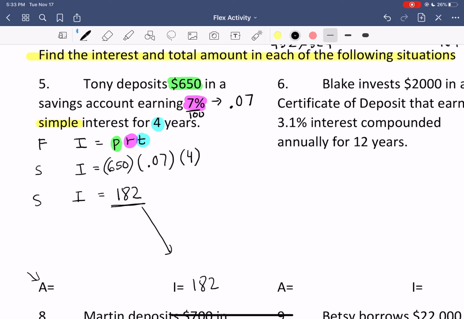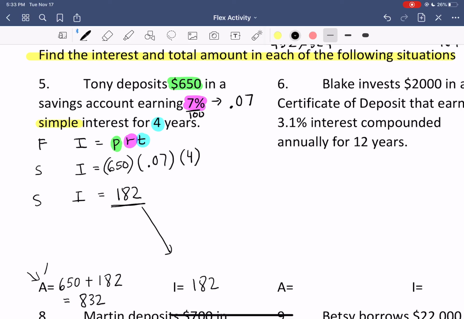So to find our total amount, we're going to have to take the original 650, our principal, and add our additional interest that we earned. So 182 plus 650, we get a total of $832. So that's what we're going to be doing on that one.